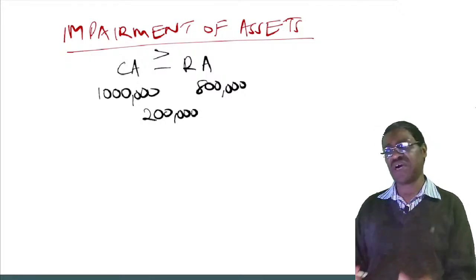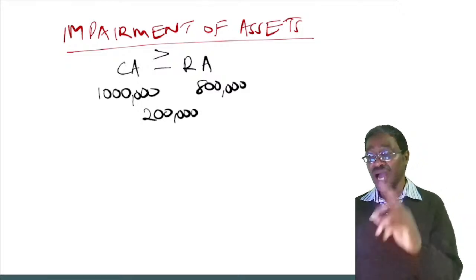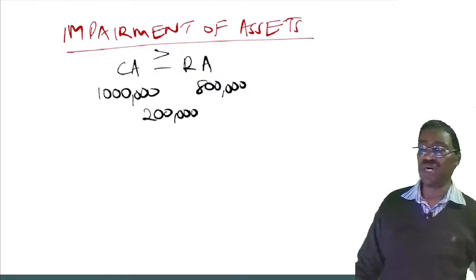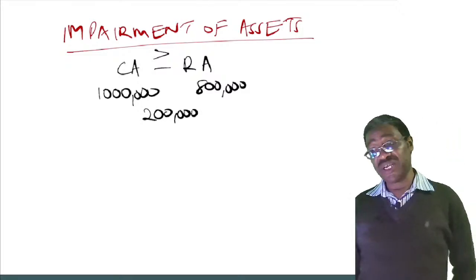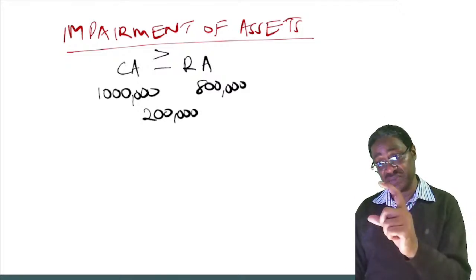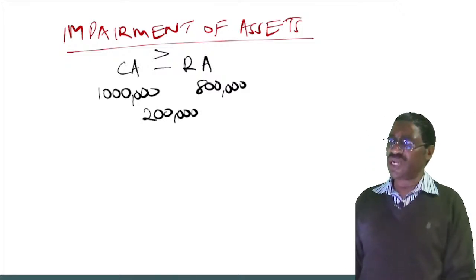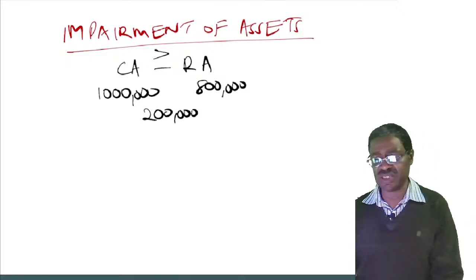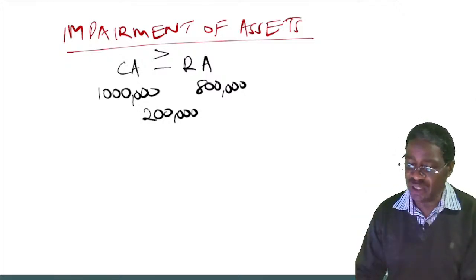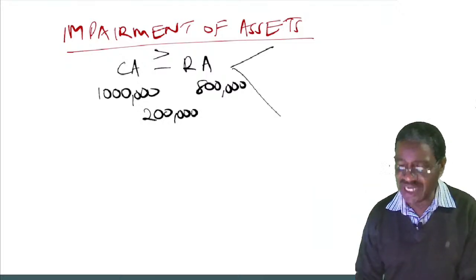But what is the recoverable amount? I do hope you remember how to compute the recoverable amount of an asset. To calculate it, you compare two values for that asset.